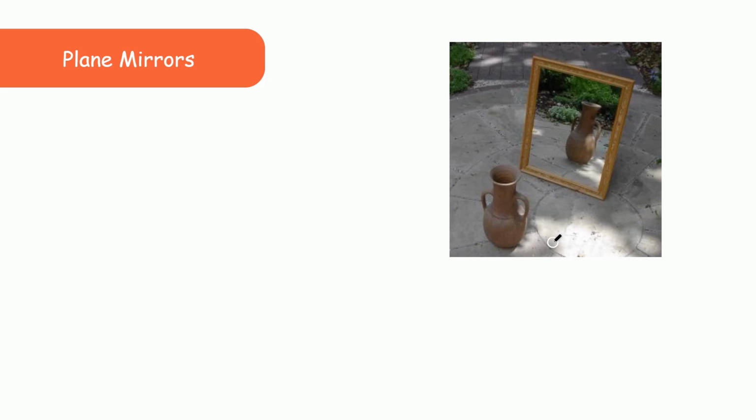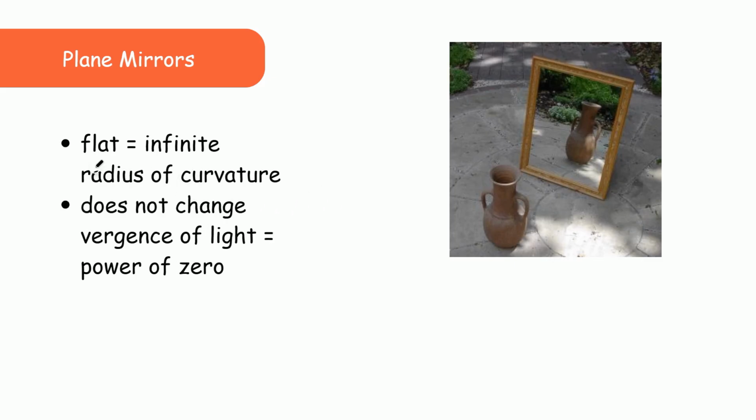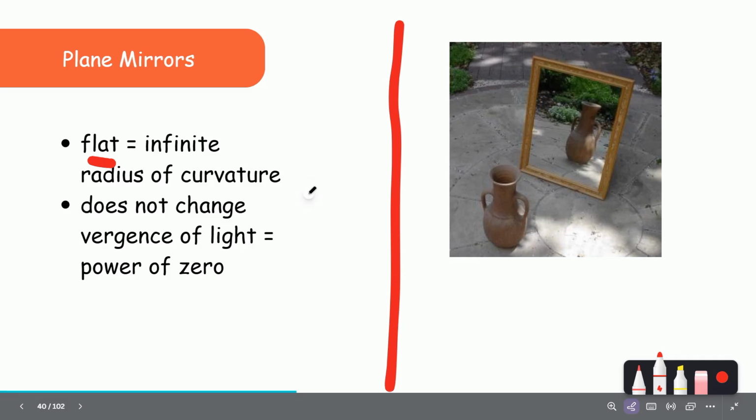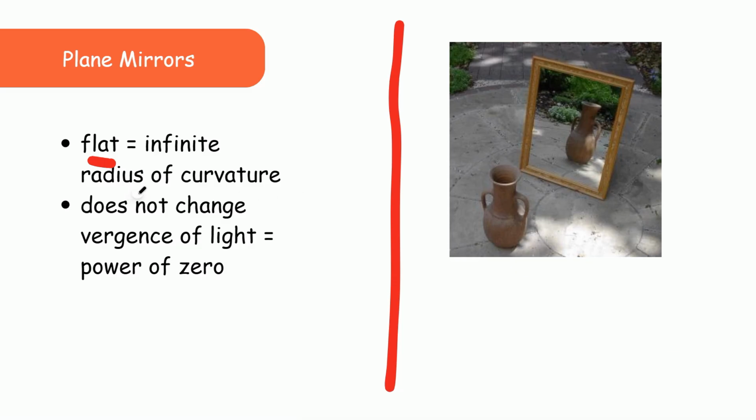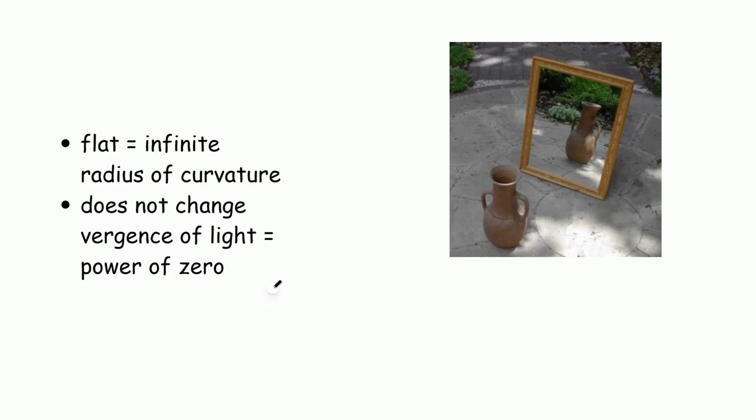And then for the third type of mirror, we have the plane mirrors. So it is flat, meaning to say it has an infinite radius of curvature. And when it has infinite curvature, it does not change the vergence of light, meaning to say it has a power of 0. So how do we visualize this?